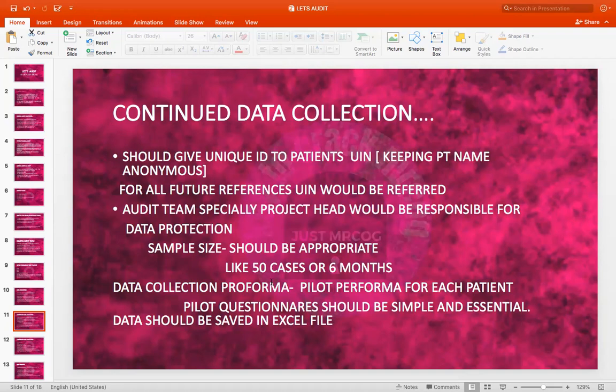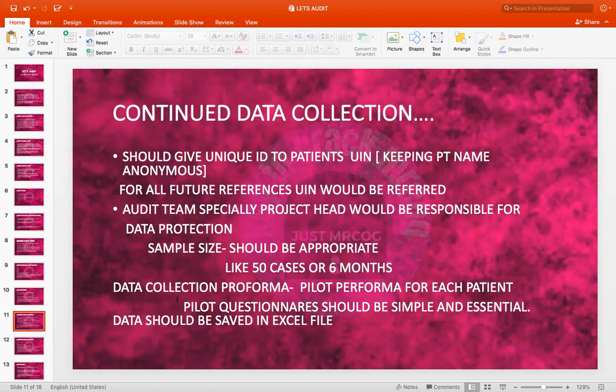Data collection proforma. We call it as pilot proforma. Again, that is a buzzword. If you do not utter this word, you are missing a buzzword. Data collection proforma is a pilot proforma for each patient. Pilot proforma, you have to mention this word.